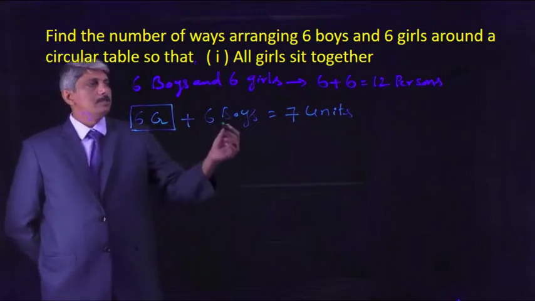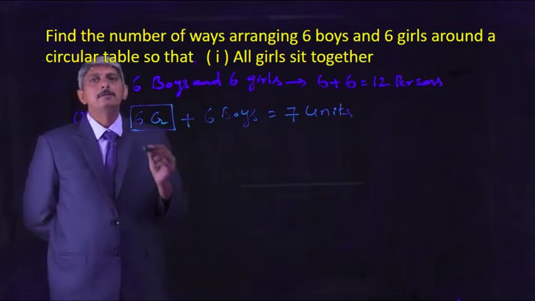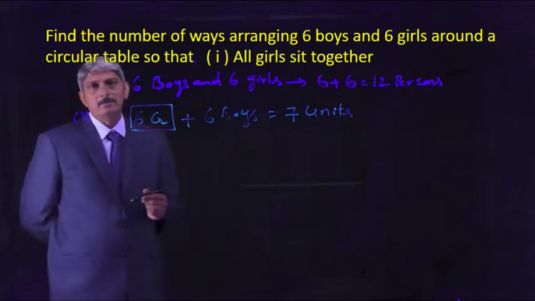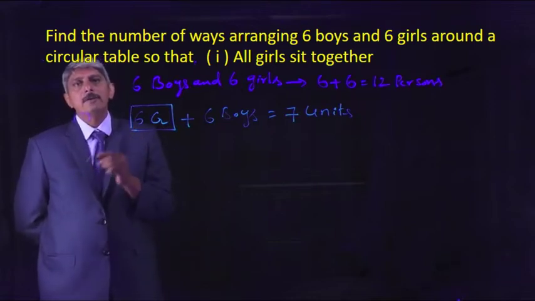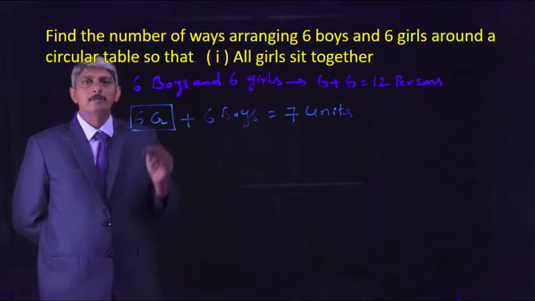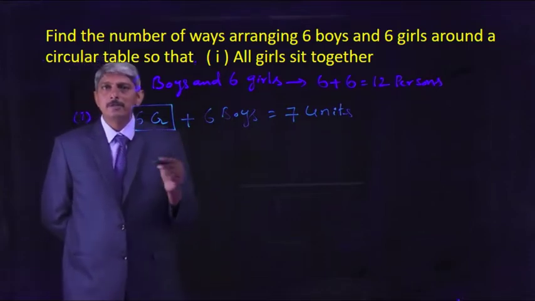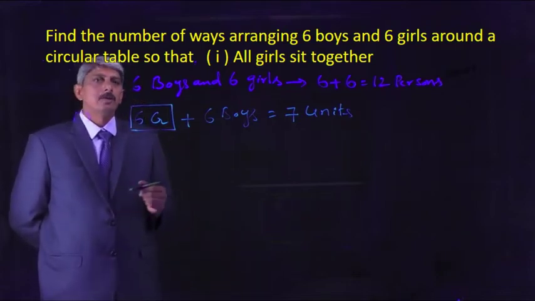Now these 7 units can be arranged around a circular table in 7 minus 1 factorial ways. While in linear permutations, the number of ways of arranging 7 units in a row is 7 factorial. But here, the number of ways of arranging 7 different units around a circular table is 7 minus 1 factorial.